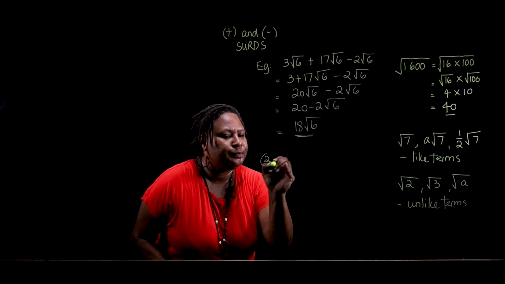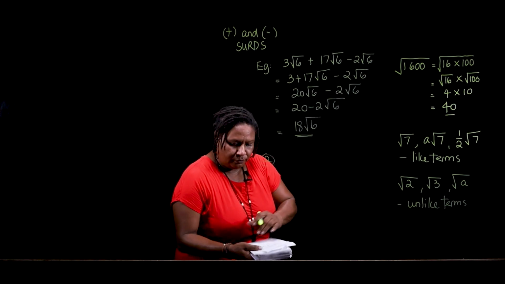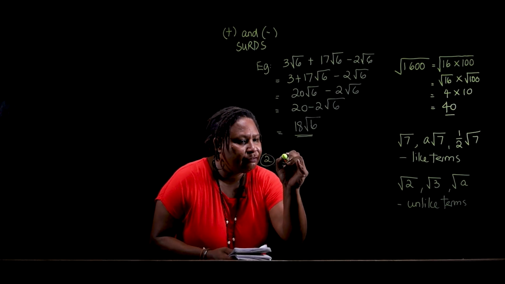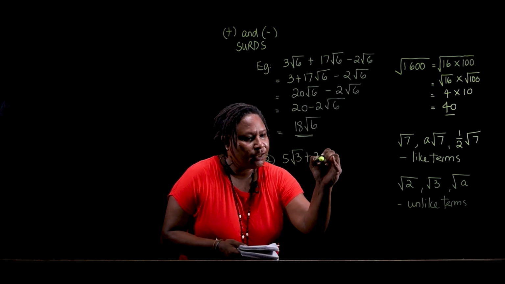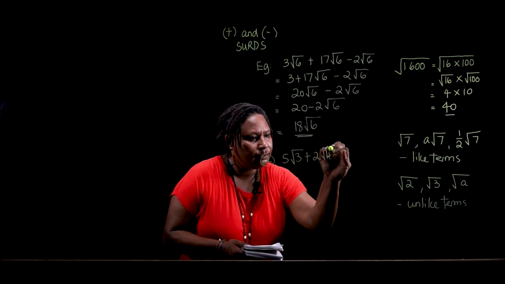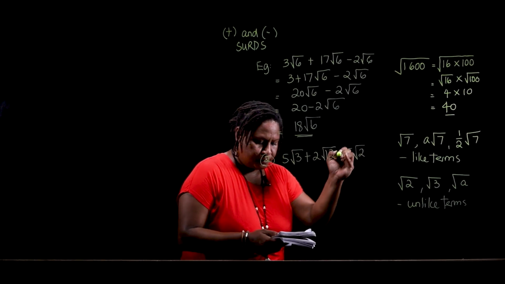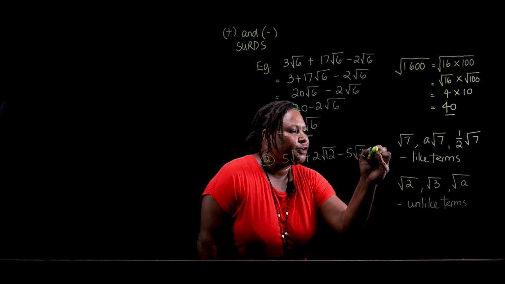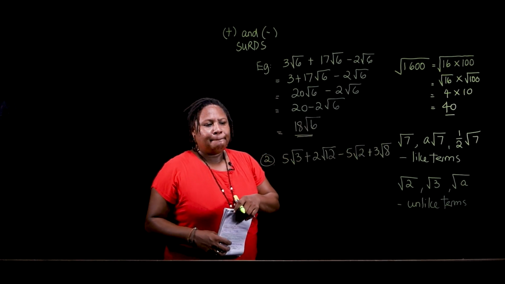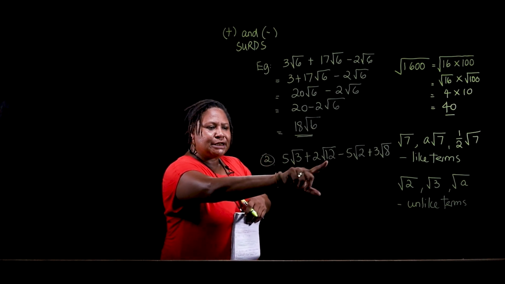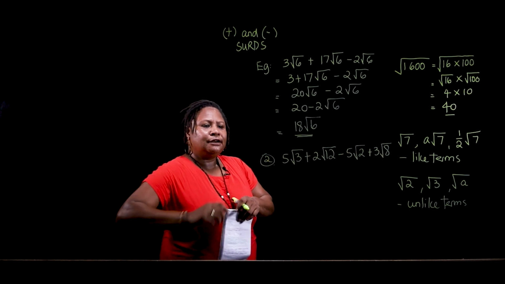Example number 2, let's try this: 5√3 plus 2√12 minus 5√2 plus 3√8. Now you can see a collection of numbers under the radical sign. We have √3, √12, √2, and √8.